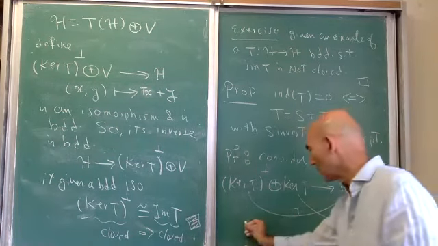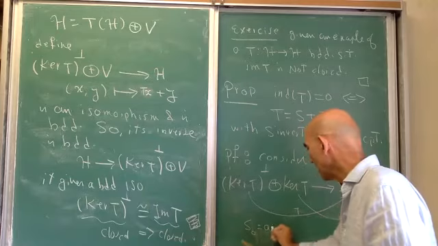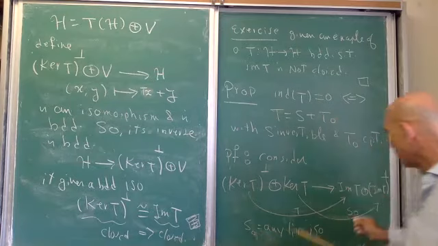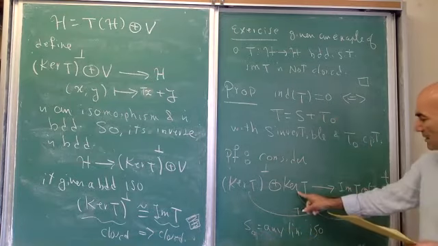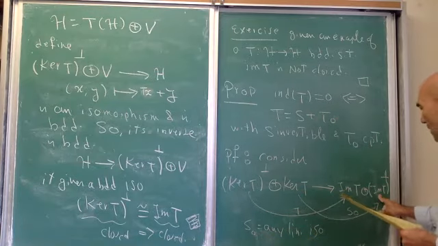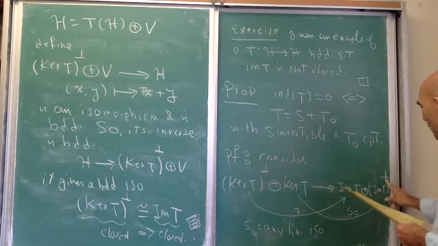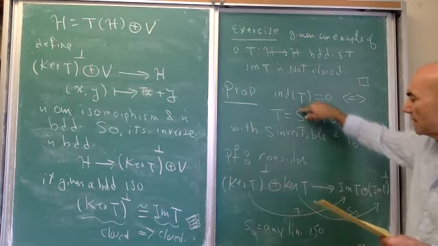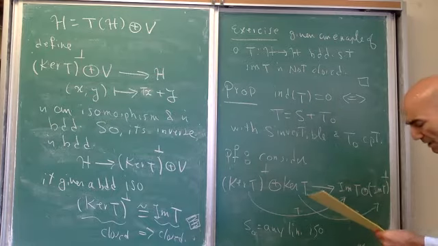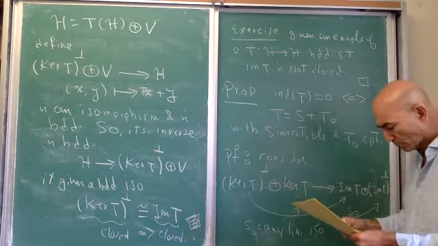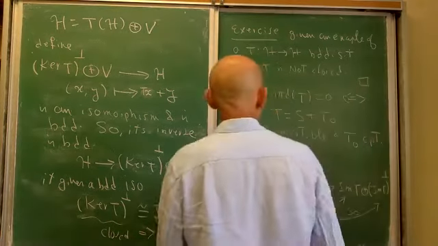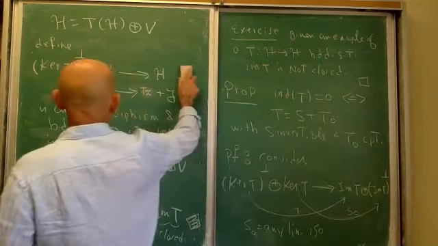So S0 is any linear isomorphism. I know that this exists because the dimension of kernel of T and the dimension of image of T orthogonal complement are the same, because we are in the index 0 case, right? So fix that. Okay, now let us define operator S to be like this.